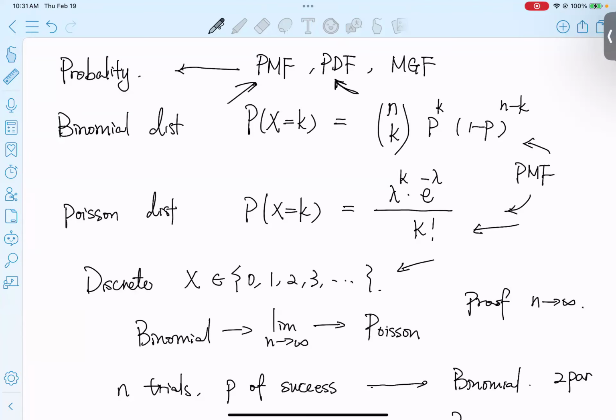So there's no concept of getting 3.13 heads in 5 tosses. The concept of real values only exists in this domain, and the concept of counts only exists in the probability mass function.